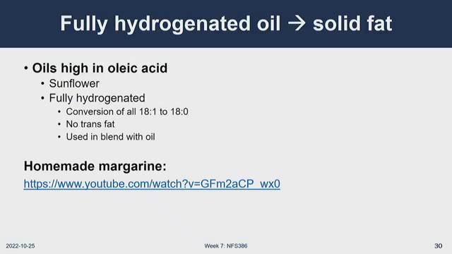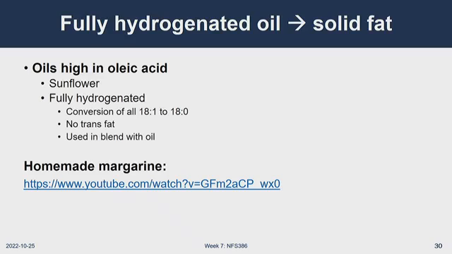Then we can move to fully hydrogenated oil. When we talk about fully hydrogenated oil, meaning saturated oil, these are in solid state. These are solid fats. Take oils high in oleic fatty acid, like sunflower, fully hydrogenated.